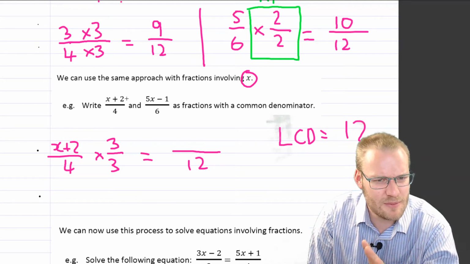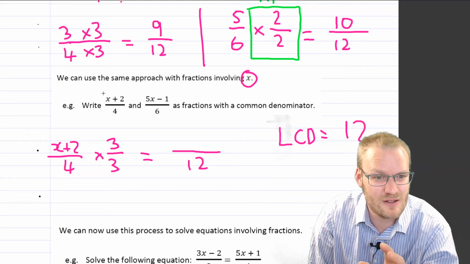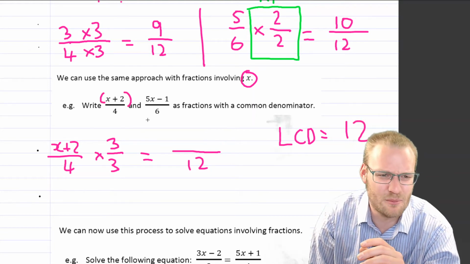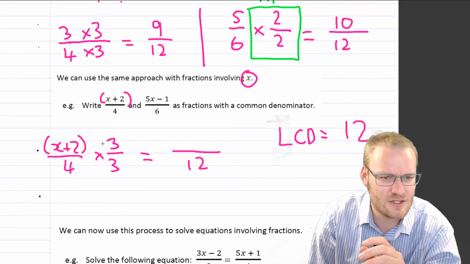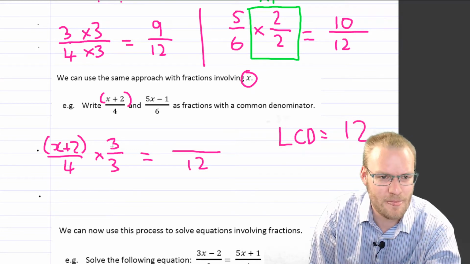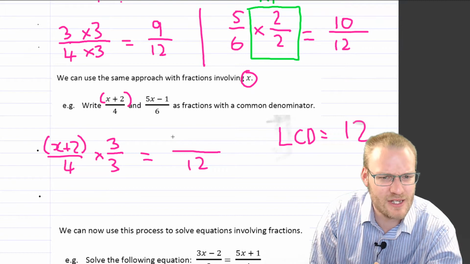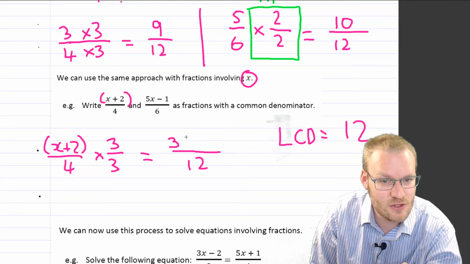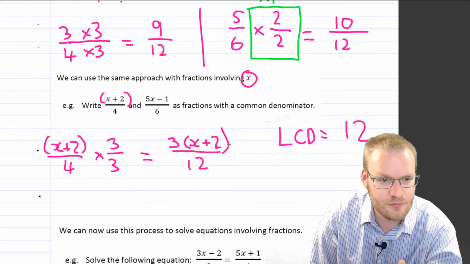If we see something plus something, 2 terms, it's useful to put them in brackets. I'm going to put this in brackets because I want to multiply this whole thing by 3. And I'm not going to put the 3 at the end. We've just done distributive law for a reason, so that we can say 3 times x plus 2.